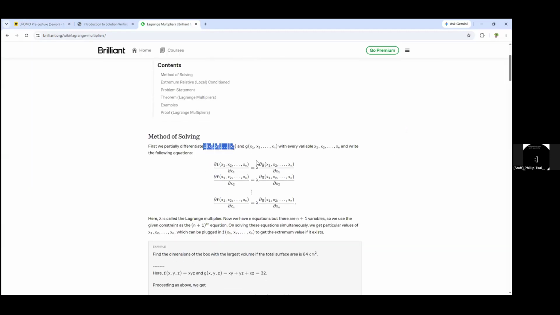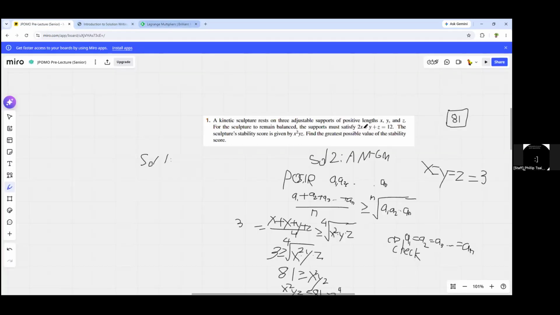In here, we first take the partial derivative of this with respect to x, which in this case is 2.